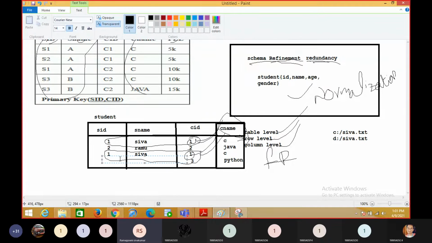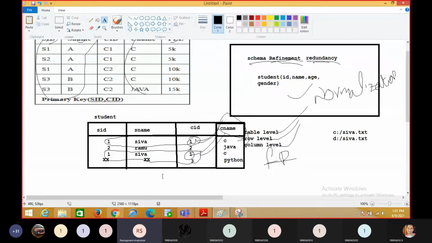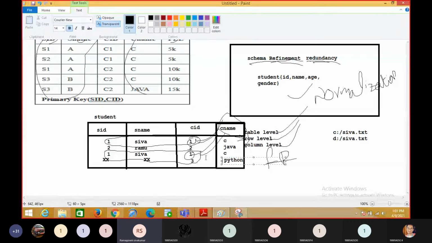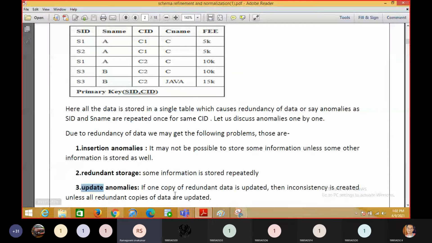So now here the data is not available. We are forced to insert some other data, dummy data. That is the insert problem here. If no student is available for the Python course, we are forced to insert some dummy data. So that is called the insert problem.